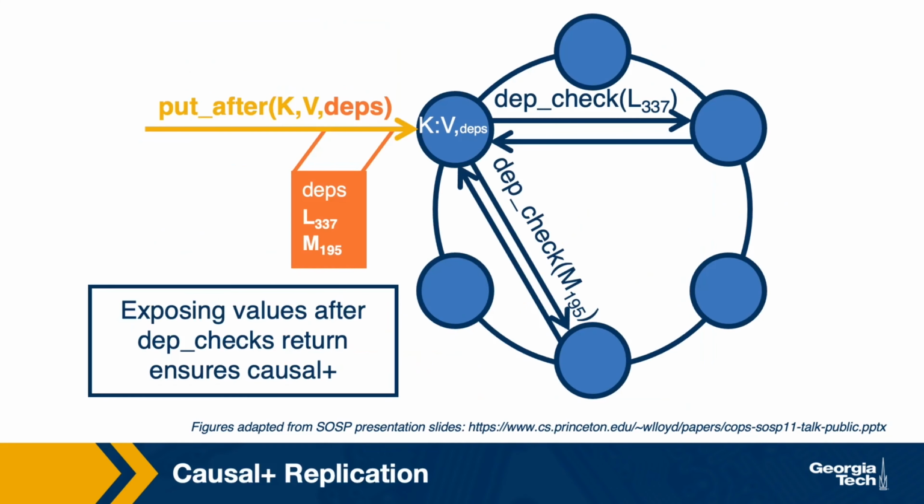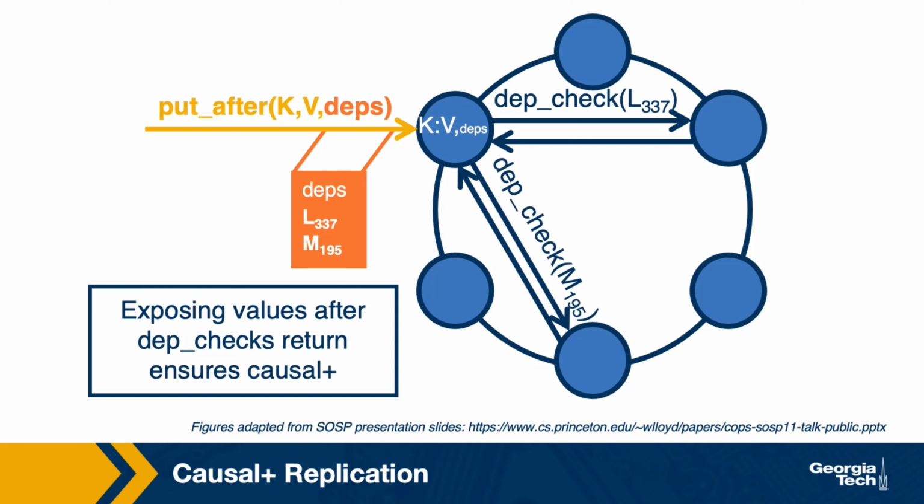When an update gets replicated, the information received by the remote nodes is going to include the key that needs to be updated, along with any of the dependencies. These dependencies have information about the other keys, the other objects in the database that this update depends on, and some information about their timestamp, about their version.